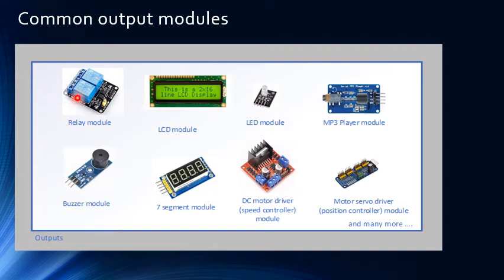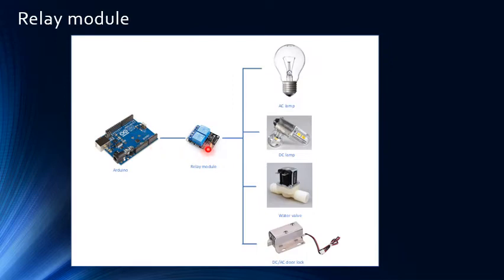For instance, the relay. Because the relay converts the microcontroller's command into an on or off state, it just becomes like a normal switch. As you already know, the switch can be connected to the AC lamp, or maybe to the DC lamp, or to the electric water valve, as well as the door lock.